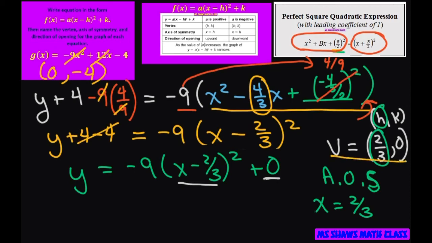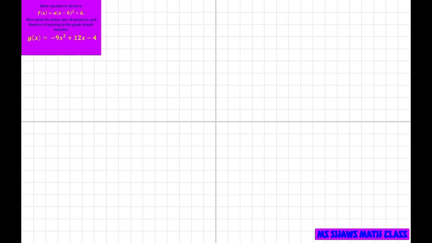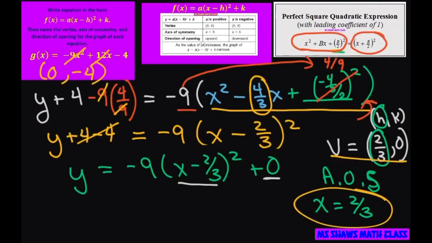So here's your vertex, axis of symmetry, and we also have our y-intercept. Again, I'm just sketching this to give you an idea what it looks like. So we have, what was it? Positive 2/3. So I'll put it about here, comma 0. Your y-intercept is negative 4.